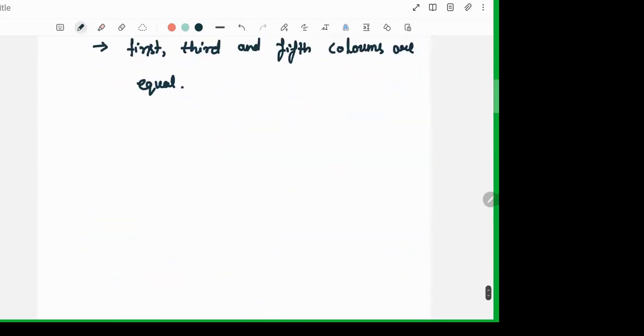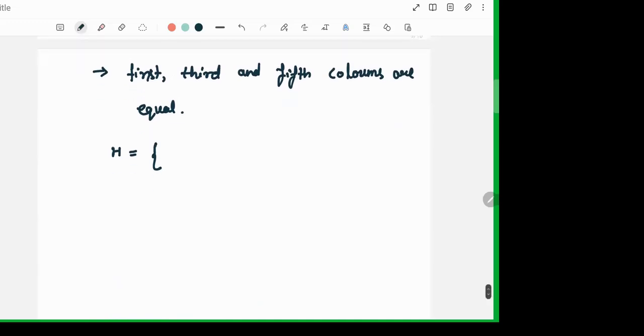Okay. So then second and fourth. So this means this subgroup I am defining in this way consists of all the exchanges of these columns. So basically one is the identity, then 1 3, 1 5, 3 5, and 1 3 5, and 1 5 3.